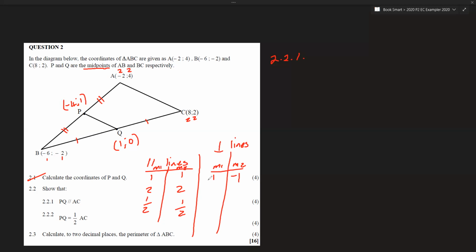They are complete opposites. If the gradient of this one is -2, that one will be +1/2. If this one is -3/5, this one will be +5/3. I want you to observe something here.